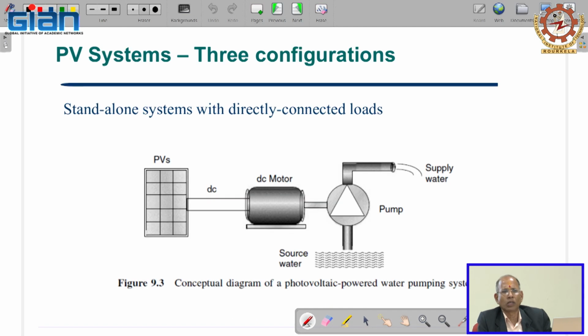We also talked about this configuration's application in agriculture systems. In a country like ours, we have huge numbers of farmers, and there is a need for water for irrigation purposes.